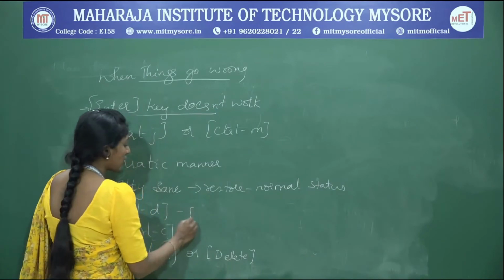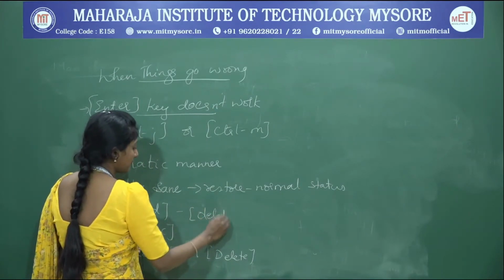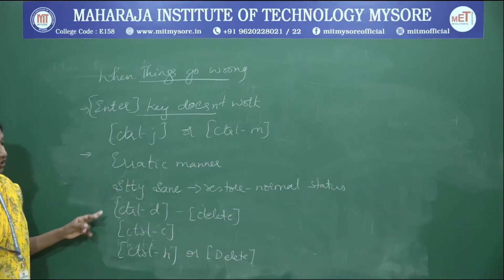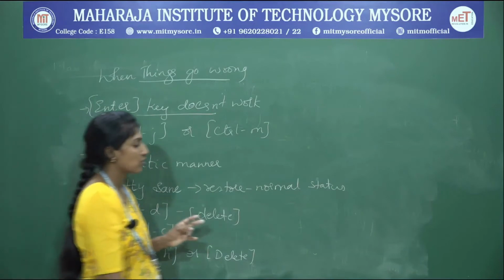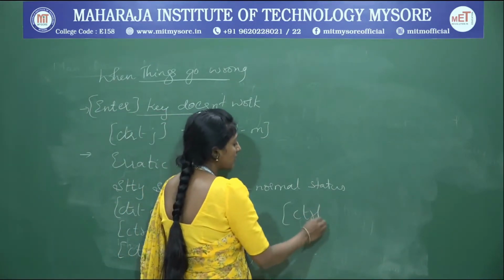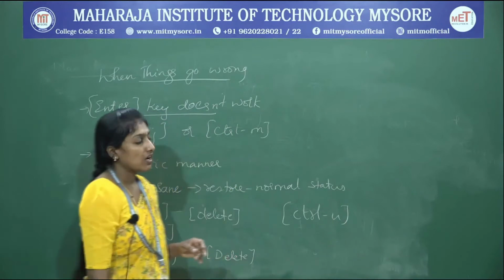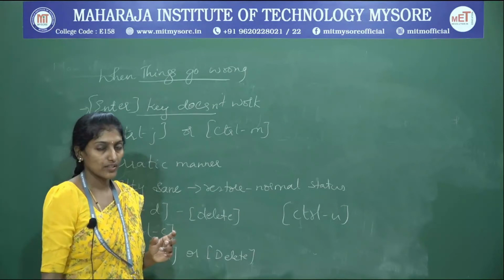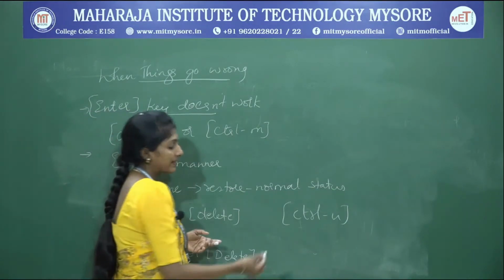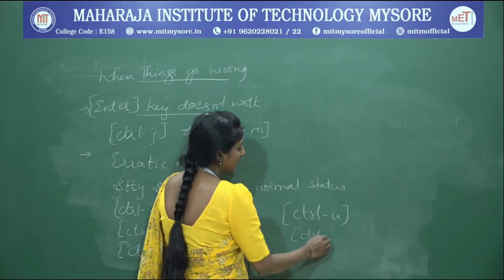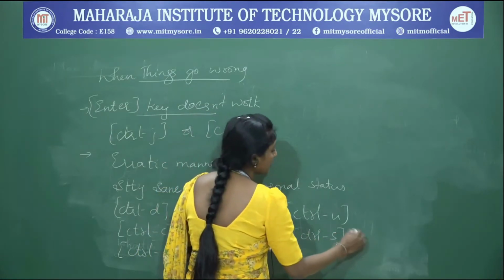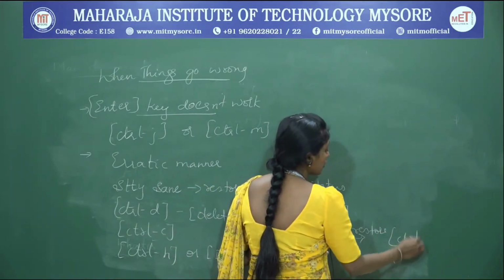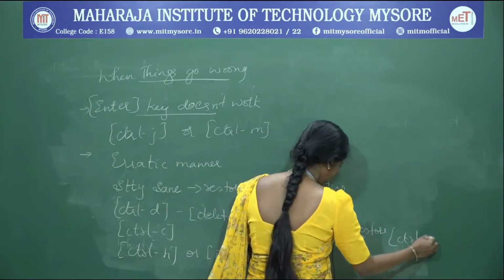Even if anything goes wrong while editing, if the user wants to completely erase that line, use Control U. And while editing content through a keyboard, the keyboard might get locked due to the Control S key you might have pressed. So to restore the locked keyboard, you are going to use Control Q.